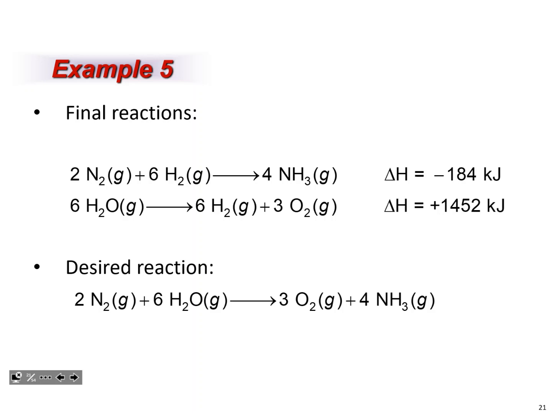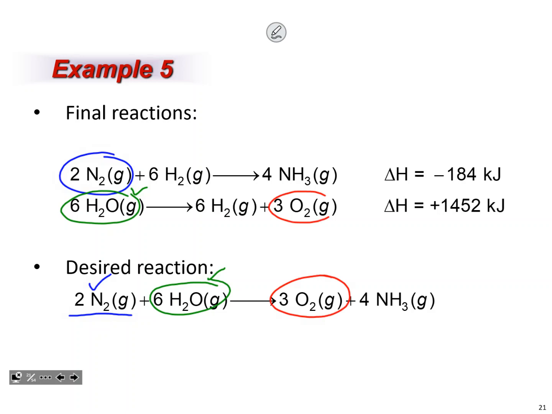The next step is what you want to do here is cancel, make sure everything lines up. So, nitrogen, nitrogen, that one's a check, that one's in the right place. Water vapor, check, in the right place. 3 oxygen, check, in the right place. And the ammonia, yes, they're in the correct place there.